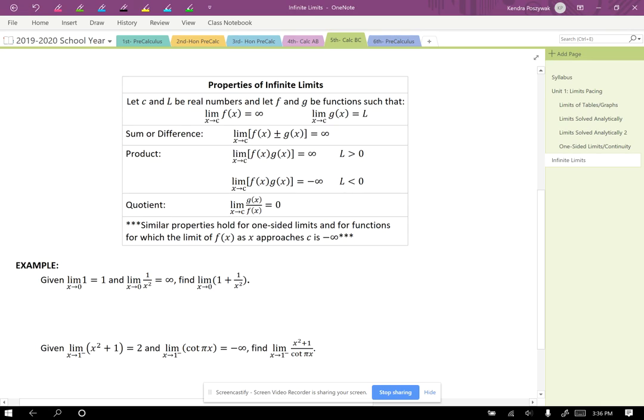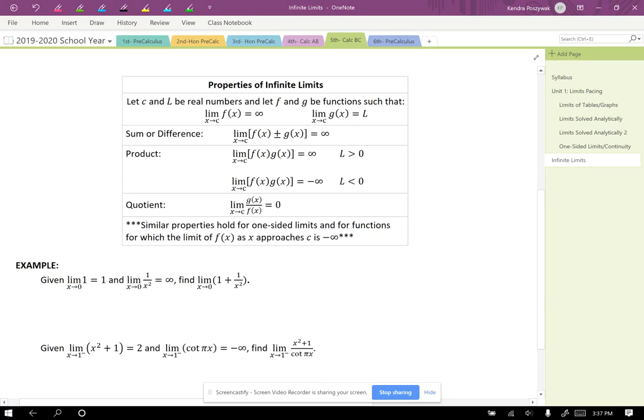Basically, as we approach some value, one of these functions approaches infinity and the other just approaches a number. So the sum or difference of these two functions is going to be positive infinity, because no matter what you add or subtract from positive infinity, it's still positive infinity.